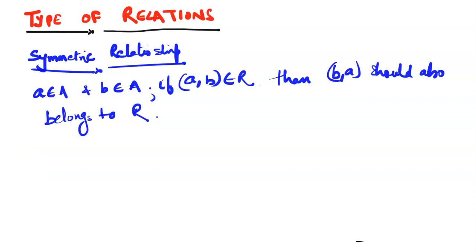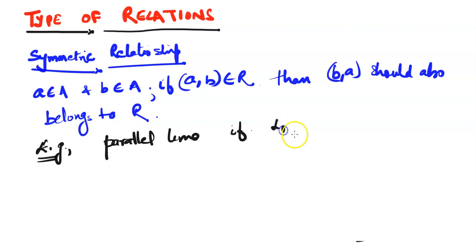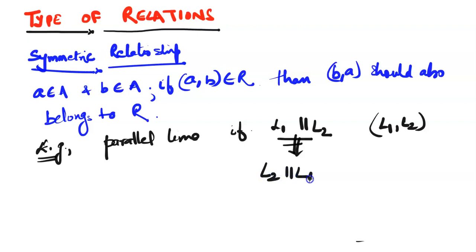Let's take an example. Say parallel lines. If there's a line L1 which is parallel to line L2, then L1 is related to L2. But if this is the case, then we also know that L2 is parallel to L1.